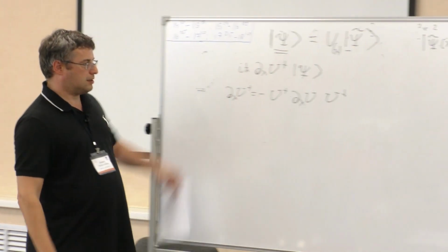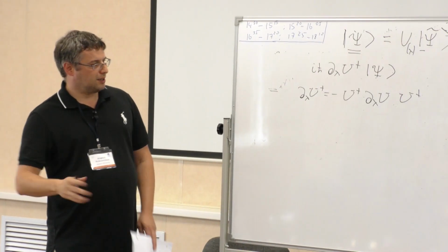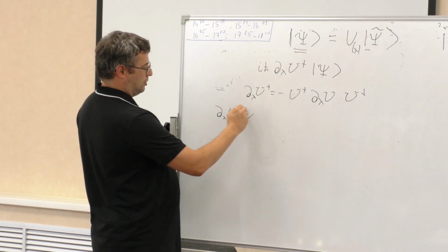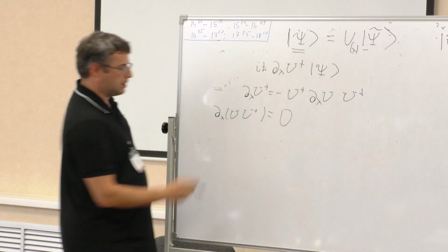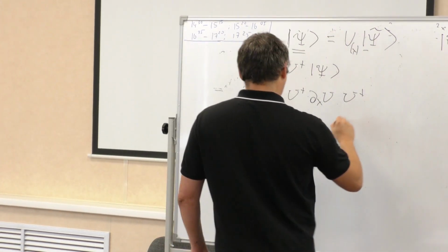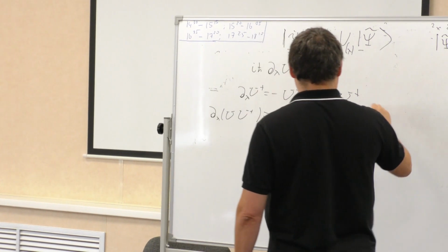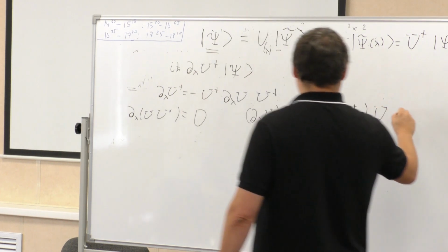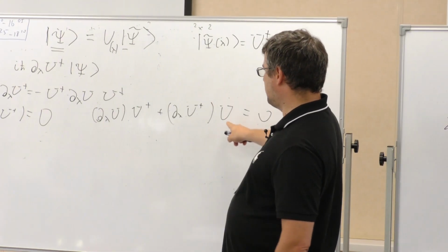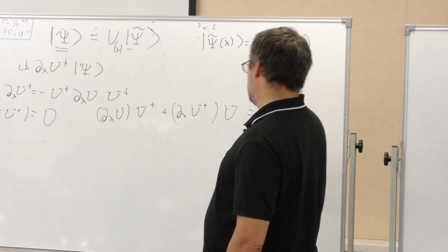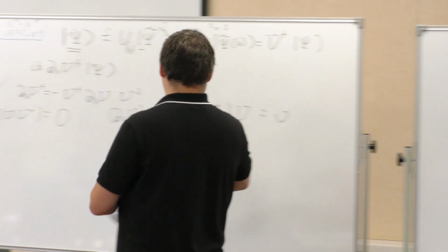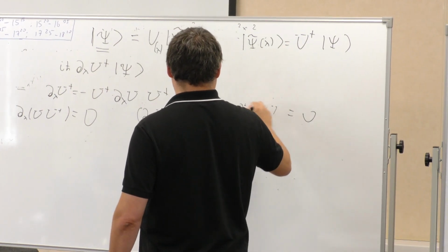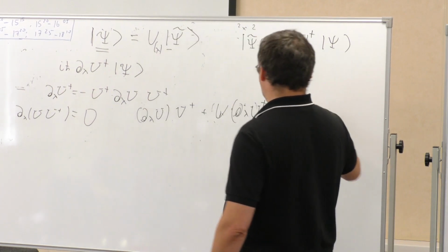Once you get used to it, you just recognize it immediately. If not, you can just differentiate: d lambda of U U dagger is equal to 0, right? Because it's identity. And then you find that d lambda U times U dagger plus U times d lambda U dagger is equal to 0.